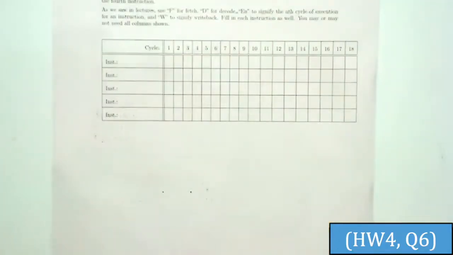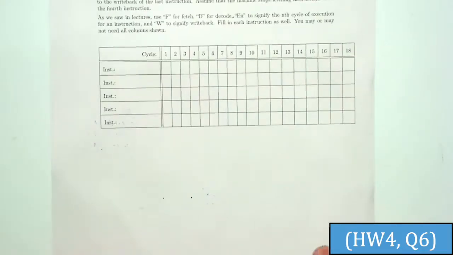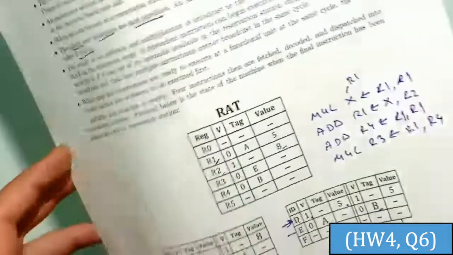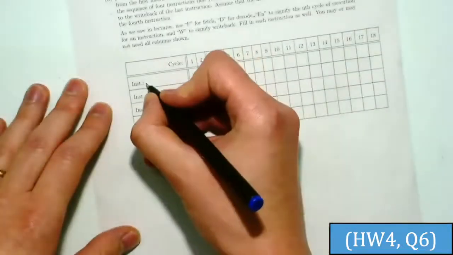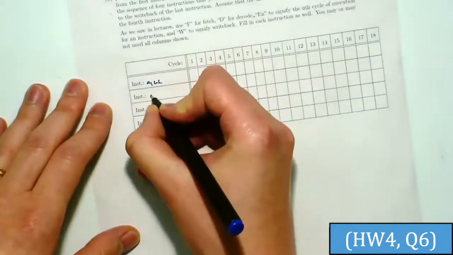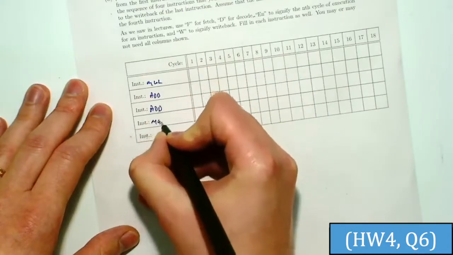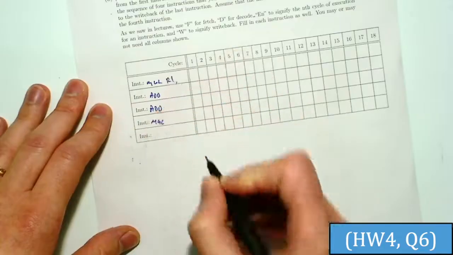And part B is basically simulating that program on the processor that was given, and we have to fill this chart over here. So let me quickly write these instructions here. So it will be easy. This was R1.